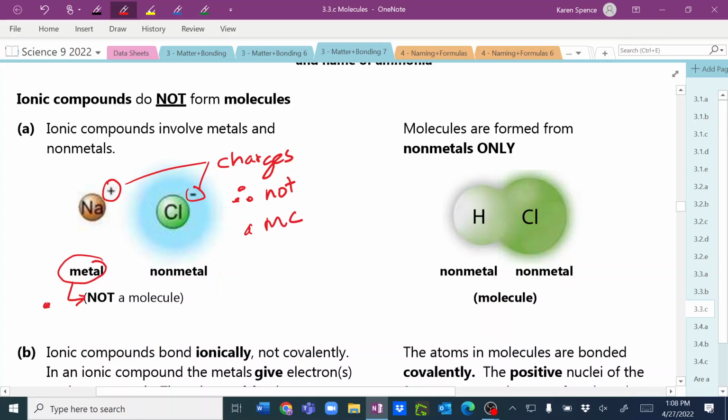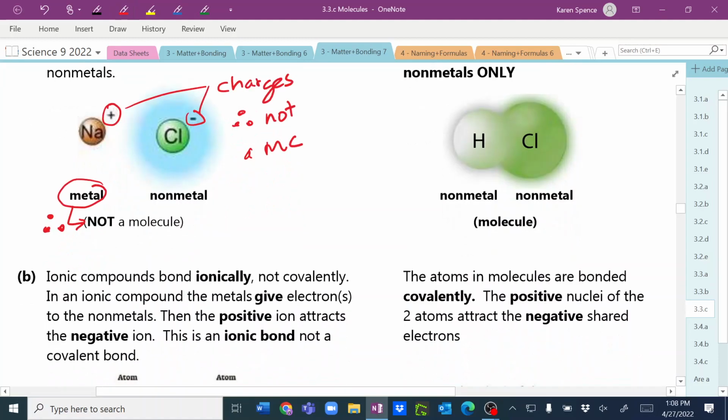Okay? Ionic compounds bond ionically. That electron gets transferred, of course. That gives you the positive ion that attracts to the negative ion. This is an ionic bond, not a covalent bond. Our electrons here, instead of being given one to the other, are shared, okay?